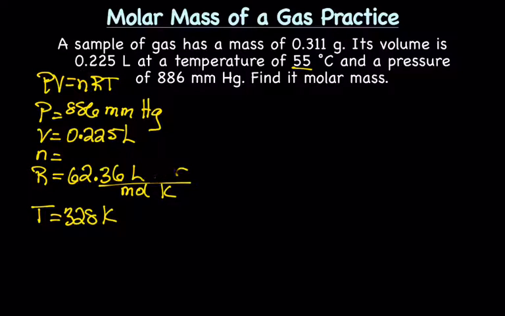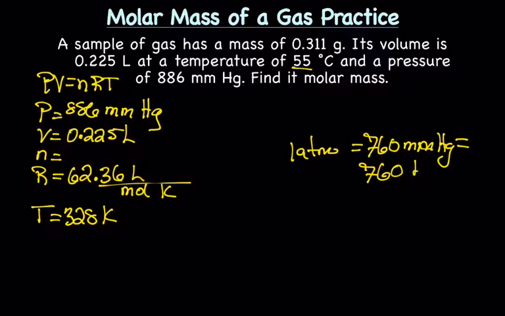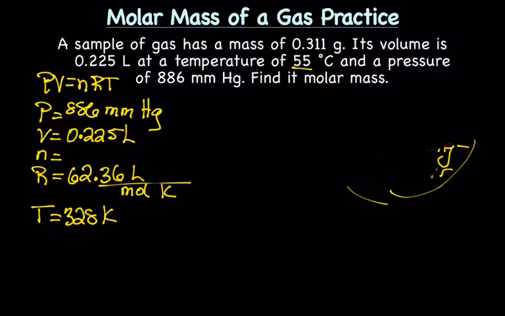If you remember, one atm equals 760 millimeters of mercury, which equals 760 torr. So these two are basically the same. So I can use that R, but I will just change the unit here to millimeters of mercury.